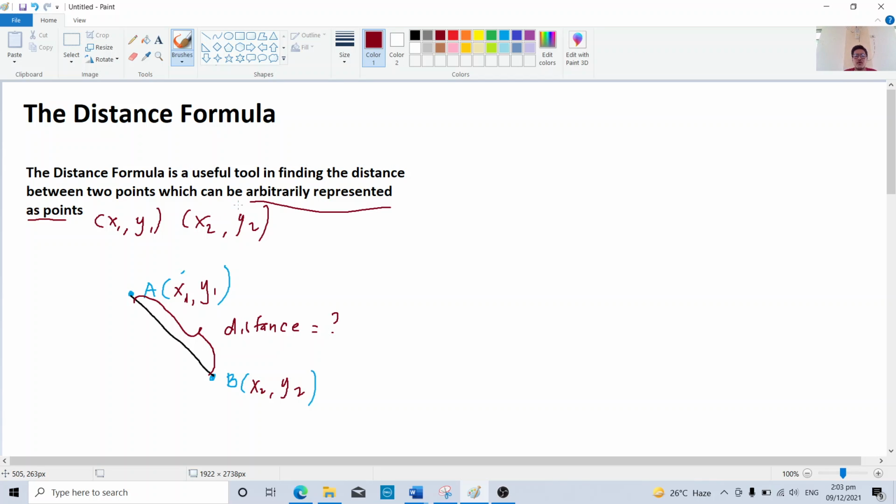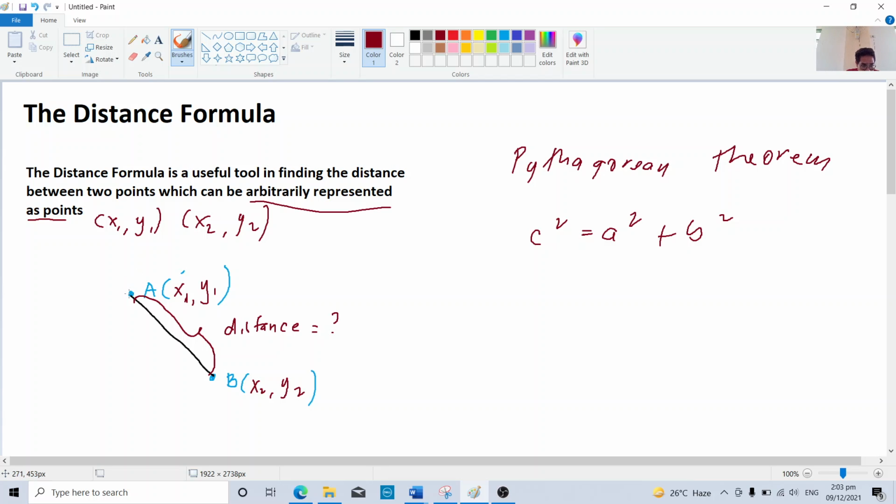The distance formula itself is actually derived from the Pythagorean theorem. What's the formula of Pythagorean theorem? We have c squared is equal to a squared plus b squared, where c is the longest side of a right triangle.